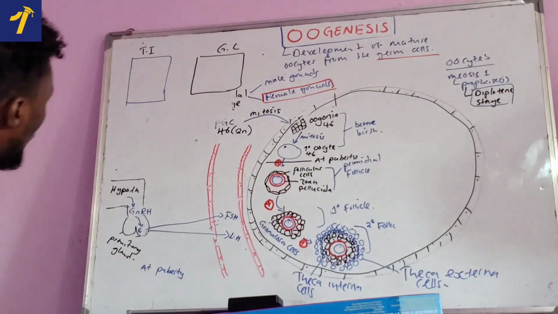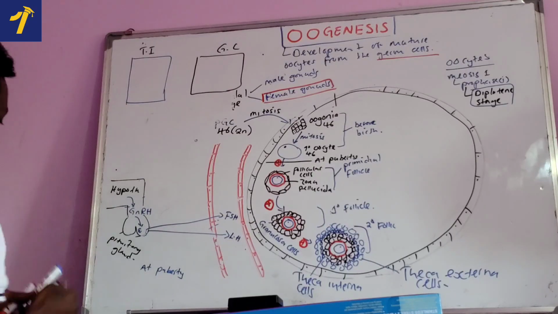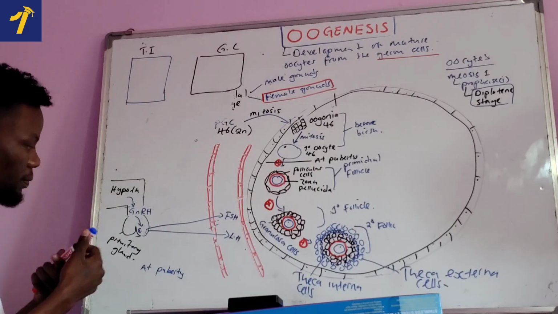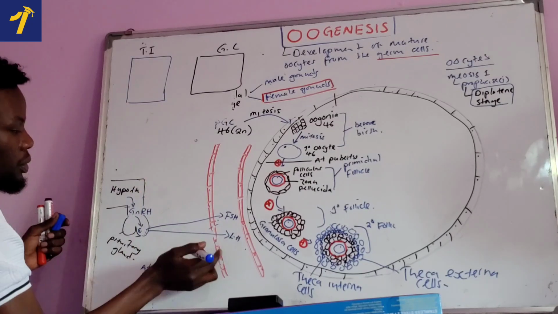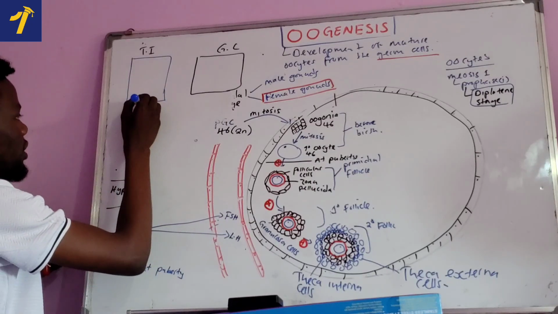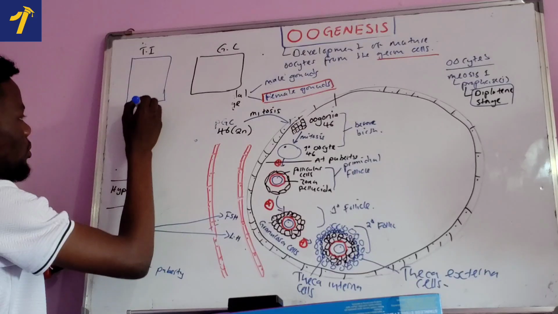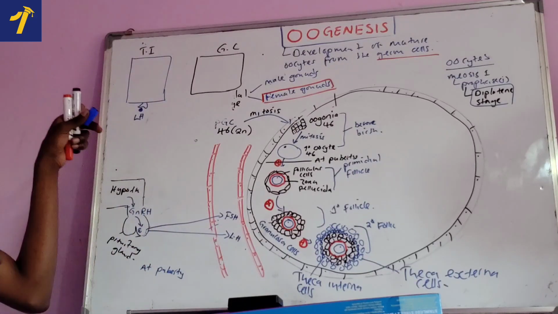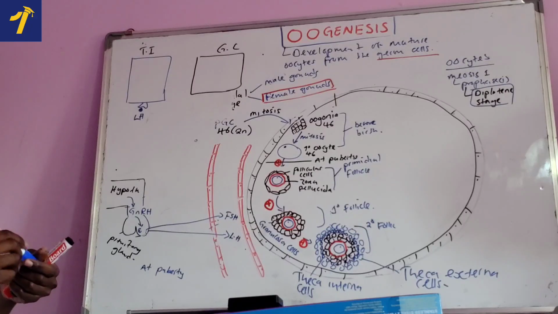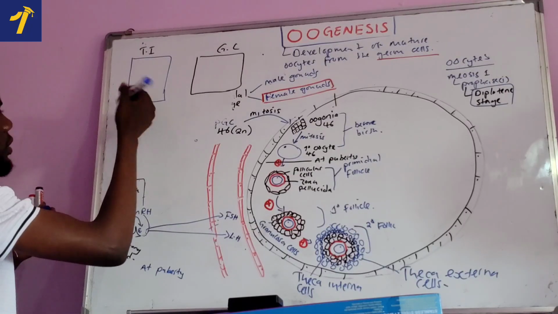So the theca interna cells are going to be acted on by what? They're going to be acted on by what we call the luteinizing hormone. So there are some receptors on this. This is now the luteinizing hormone that's going to activate the theca interna cells. And these theca interna cells will start what?